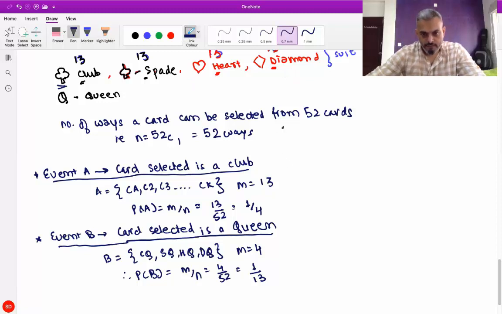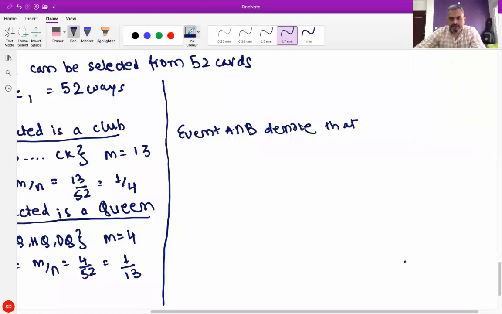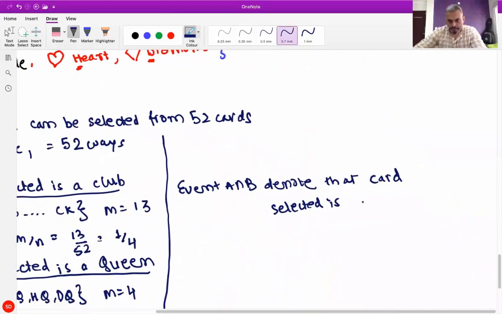Now, so event A intersection B denote that card selected is queen and club, or we can say the queen of club.